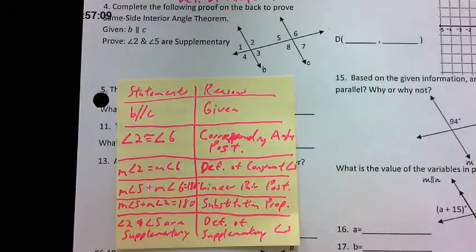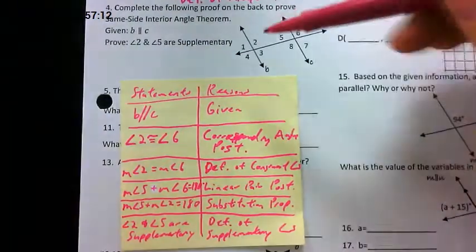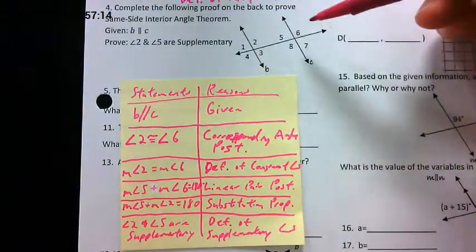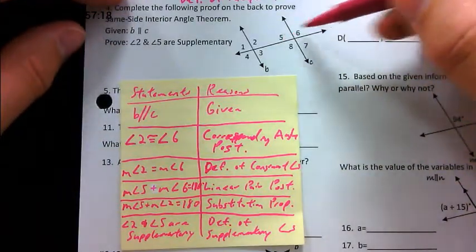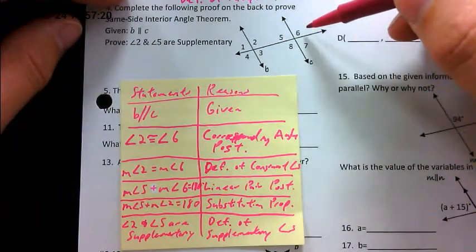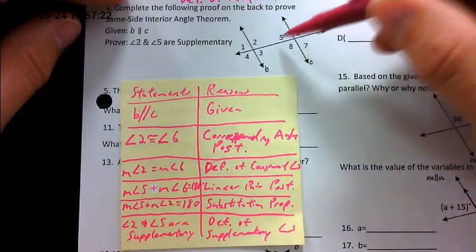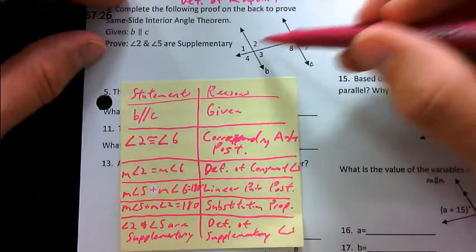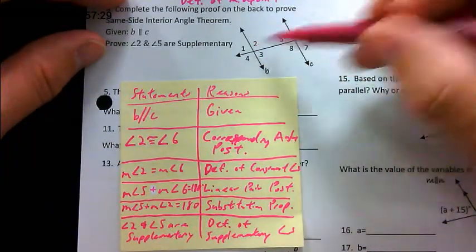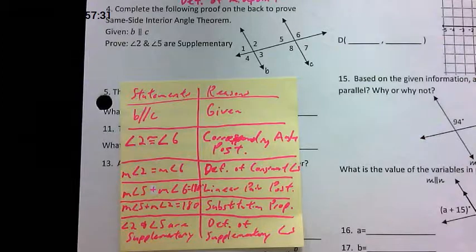So another way that you could have gone with this was to show these two, 5 and 6, are going to be supplementary, and then we could have somehow used 2 and 5, and worked our way in there to say congruent supplements theorem. Again, it would have been a little more challenging, but there's another way that you could have gone about this.